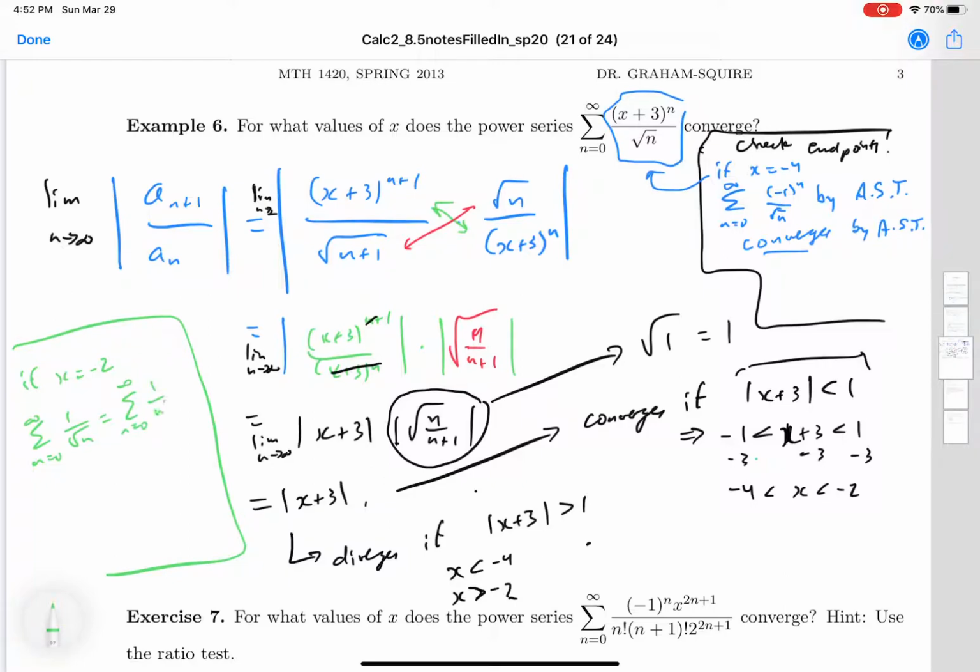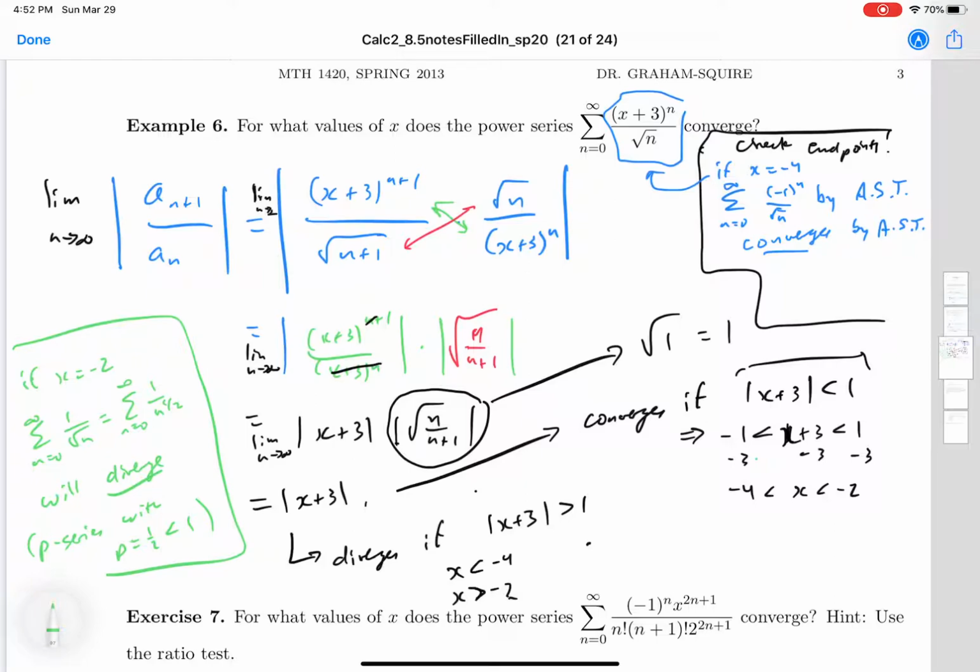So it's 1 over n to the 1/2. So that's a p-series, but my p is less than 1, so this is going to diverge. P-series with p equal to 1/2, which is less than 1.